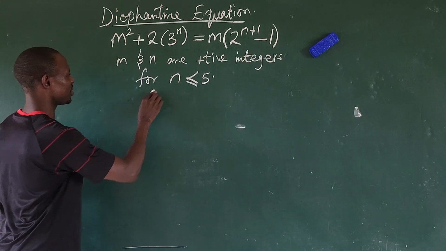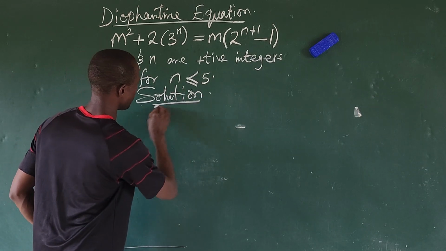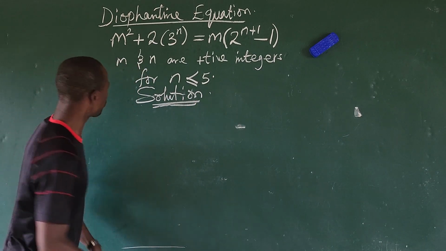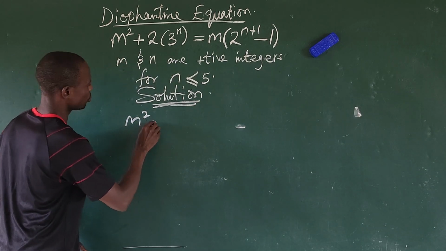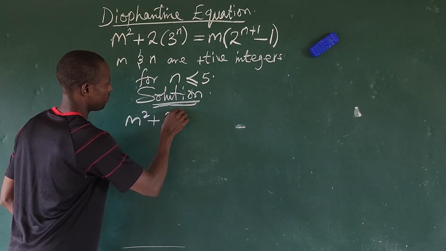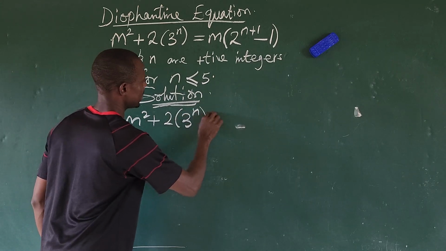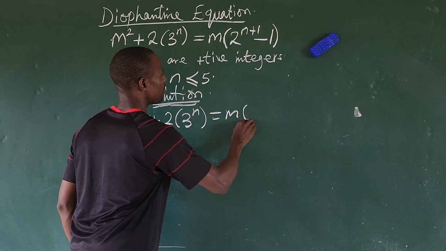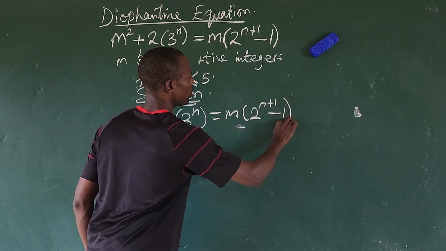So the first thing we do here is to take a solution. To every problem, there's a solution. So now, let's put the question here. We have m^2 + 2(3^n) = m(2^(n+1) - 1).